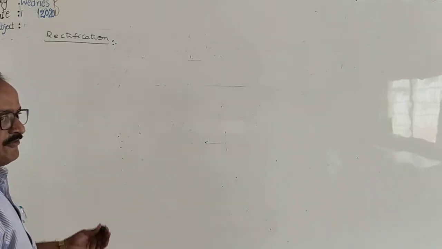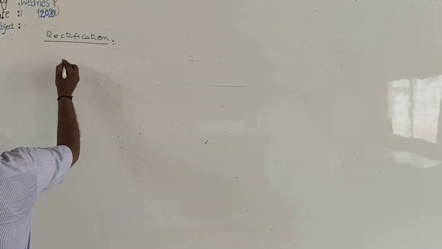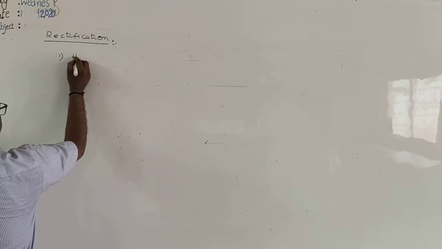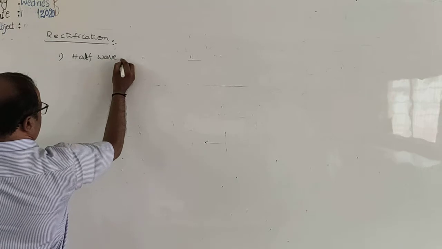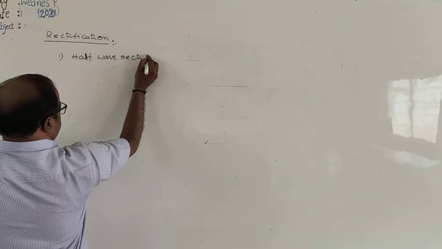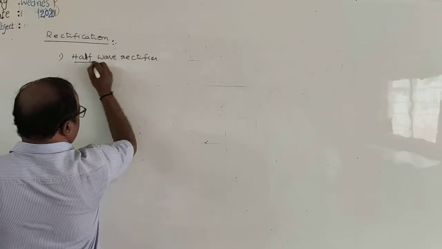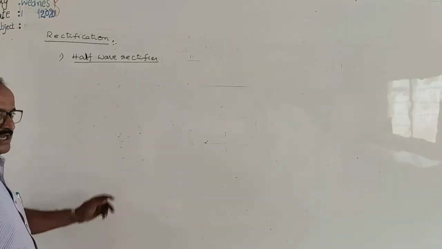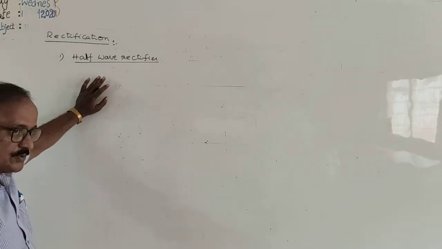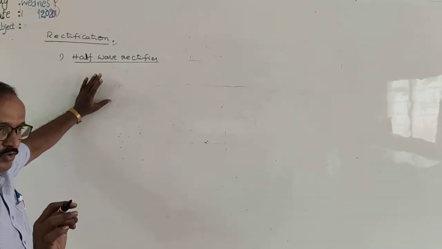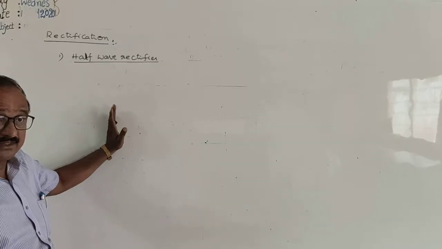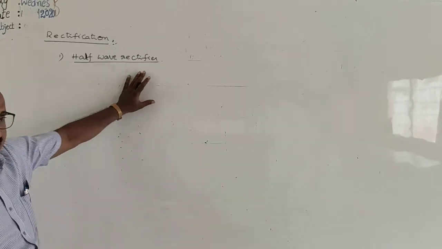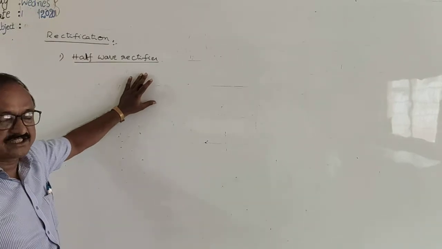One is the half wave rectifier, the second one is the full wave rectifier. Observe it. It's also very important from an exam point of view. In this class I will explain only the theoretical concept. The formulas based on the half wave and full wave rectifiers are explained in the next class.